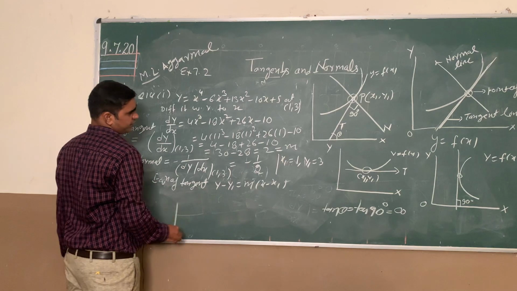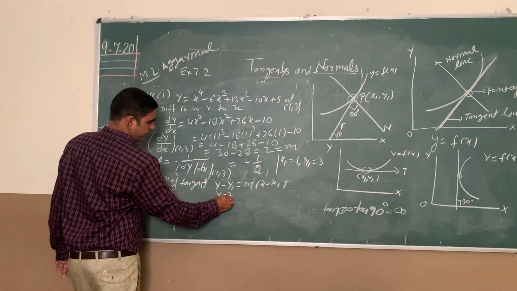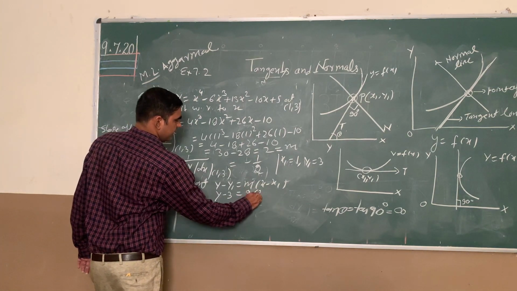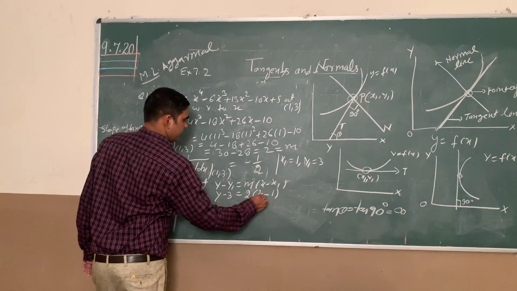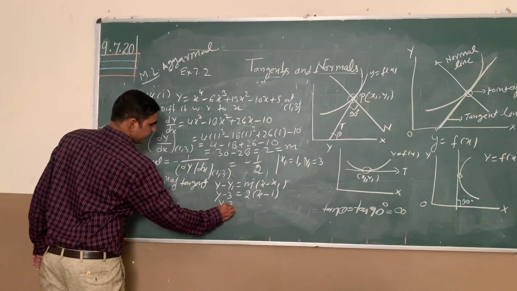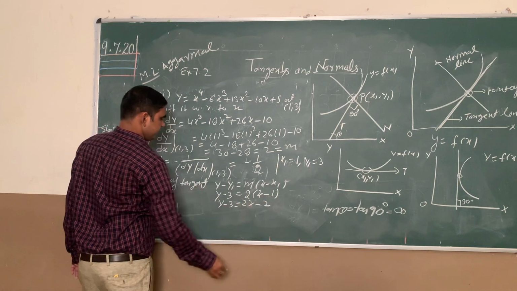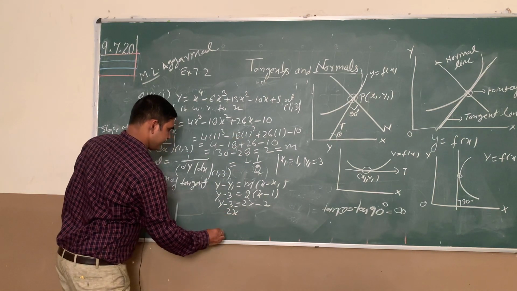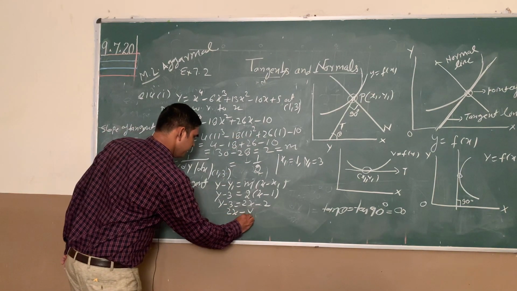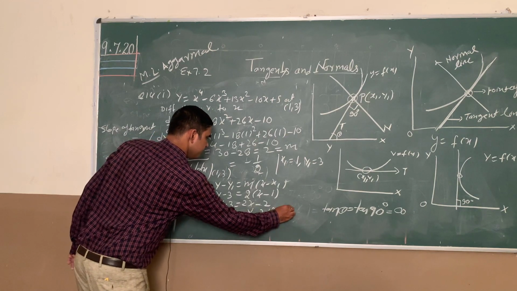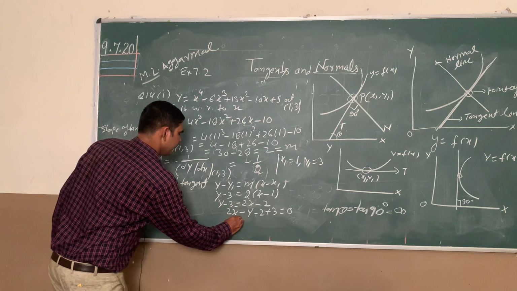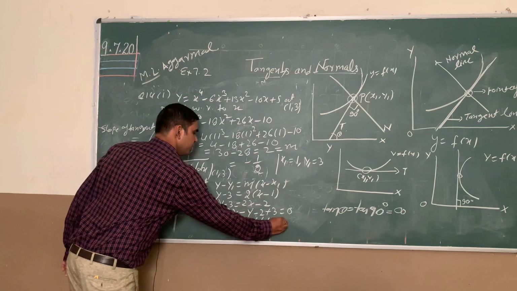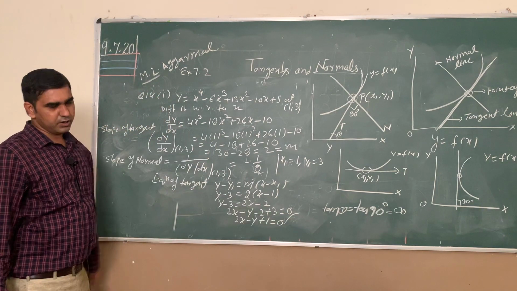So put the values of x1 and y1: y minus 3, m is 2, x1 is 1. After solving, y minus 3 equals 2x minus 2. Now transposing all terms to the right hand side, 2x minus y minus 2 plus 3 equals 0. So 2x minus y plus 1 equals 0. This is known as the equation of the tangent at the particular point 1 comma 3.